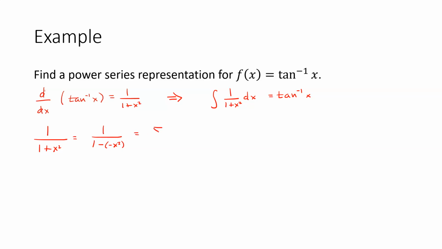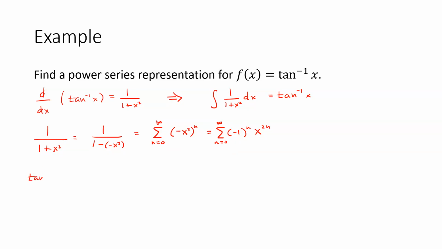And so its power series was negative x squared to the n. Or writing this as the series negative 1 to the n x to the 2n. We have the power series representation of 1 over 1 plus x squared.